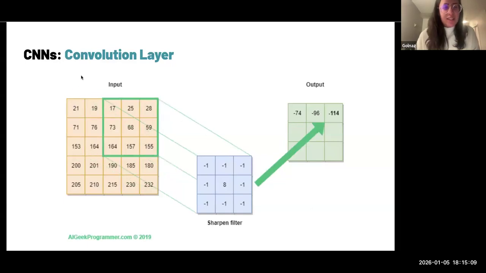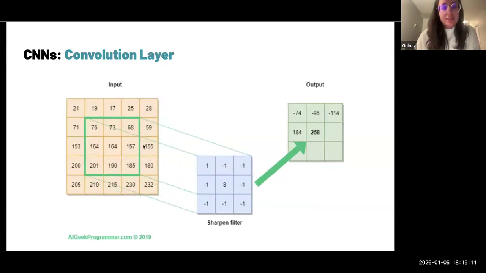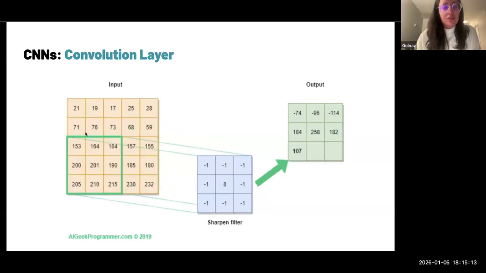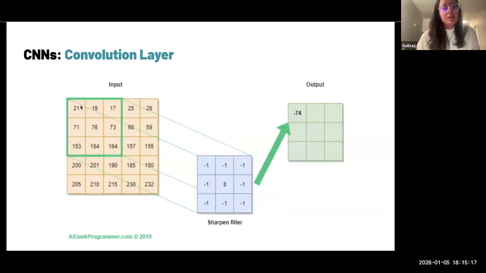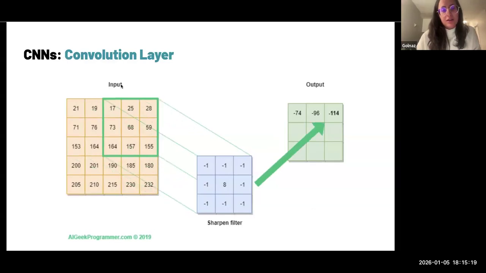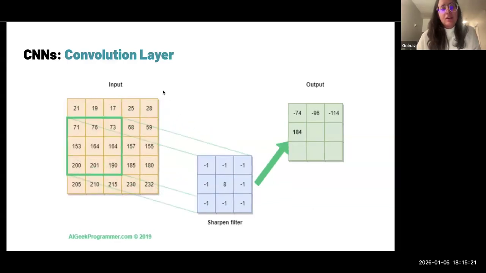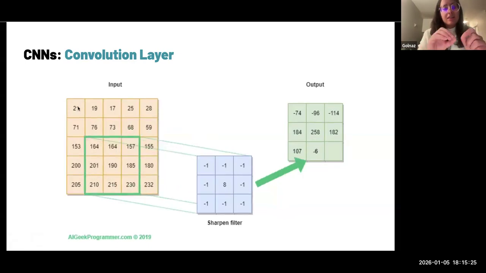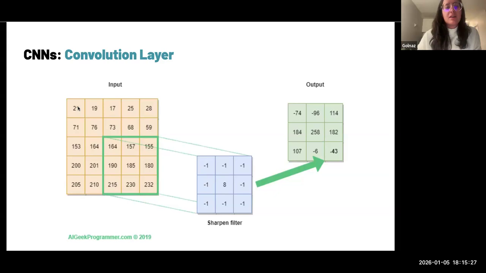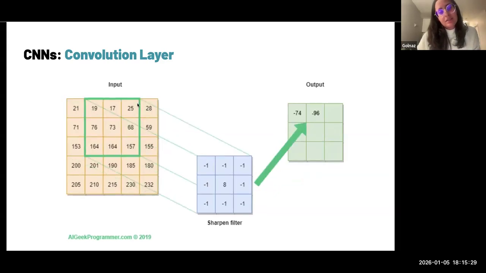But in general, this is a good visualization of how a convolution layer would work in a CNN. You have your image, which you can think of as a matrix where each of these numbers defines the color in that pixel.